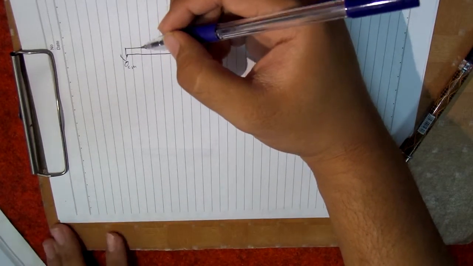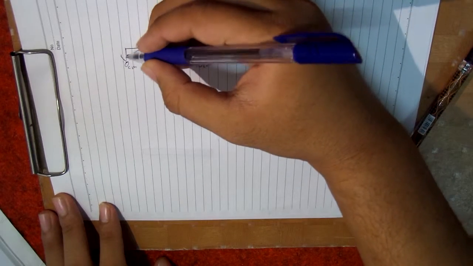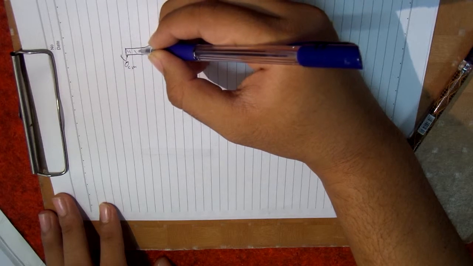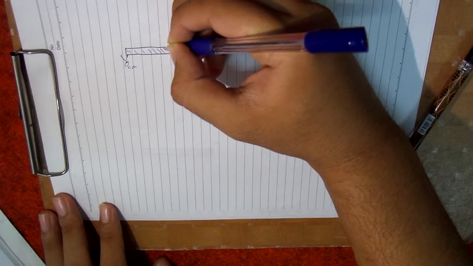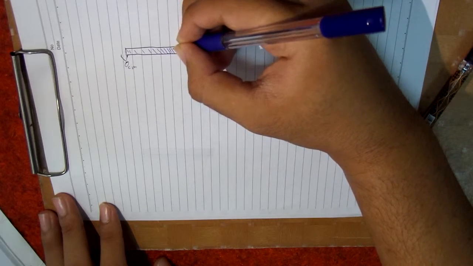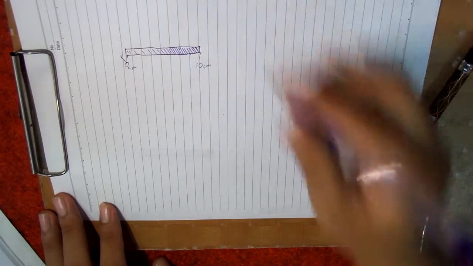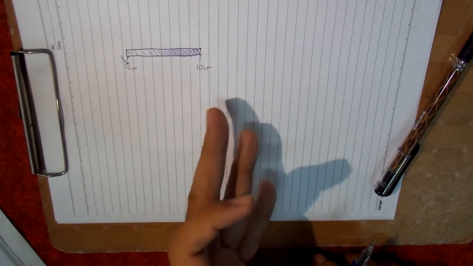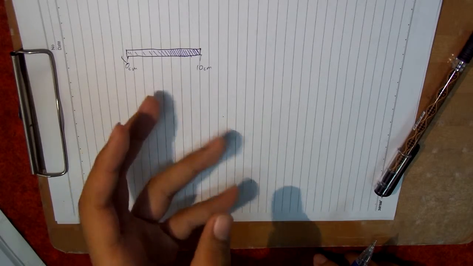To make it easy to understand, I'll draw some lines. So the closer we approach the 10 centimeters, the denser it is.